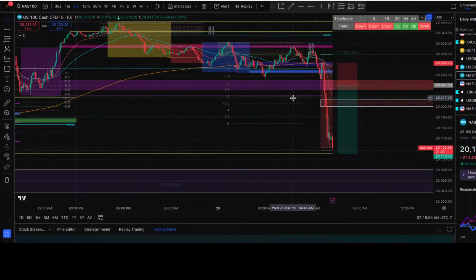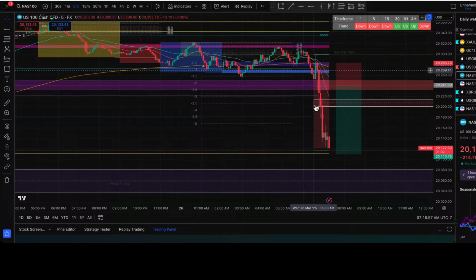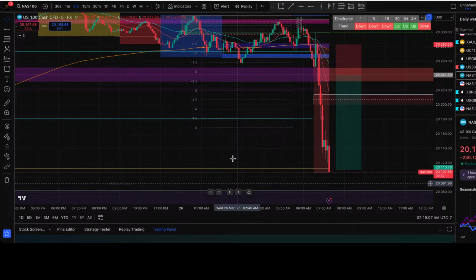So then what do you wait for? The manipulation move. Here we manipulated down first, but there wasn't any time for the market to even trap us because the strategy is so tight.